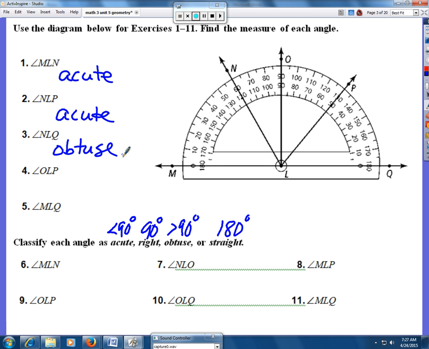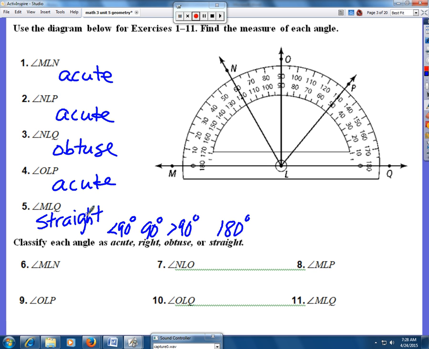OLP, from 90 to 130, that is also acute. And MLQ is a straight angle, so that's 180 degrees. So if an angle makes a straight line, it's a straight angle.